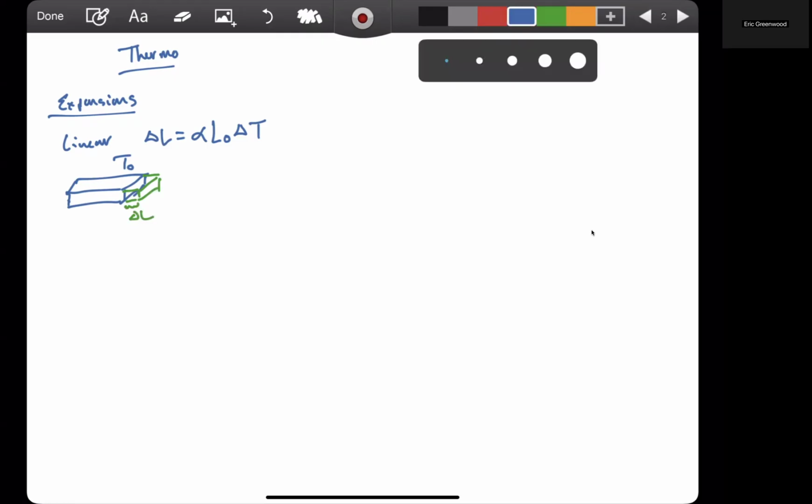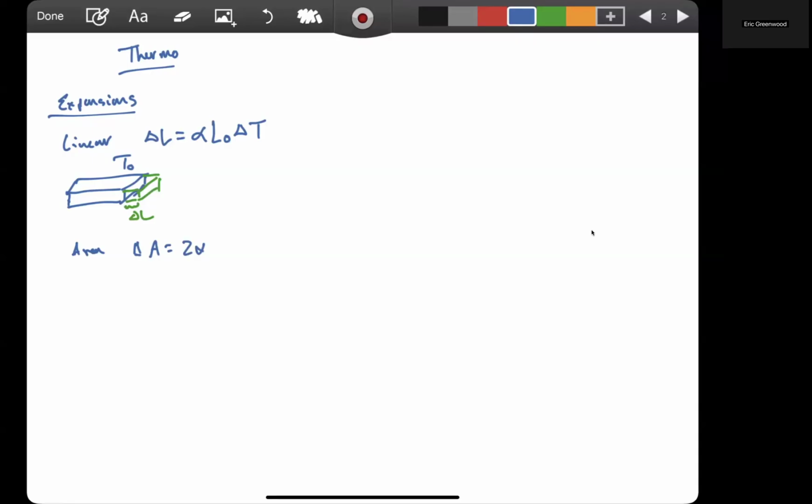Next up, we have area expansion. Very similarly, the change in area is equal to 2 alpha, 2 because there are 2 dimensions, times the initial area times the change in temperature. And then finally, volume.